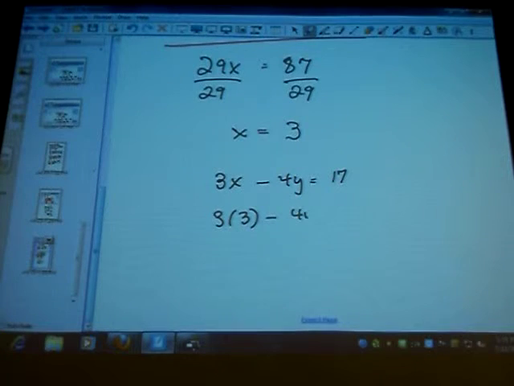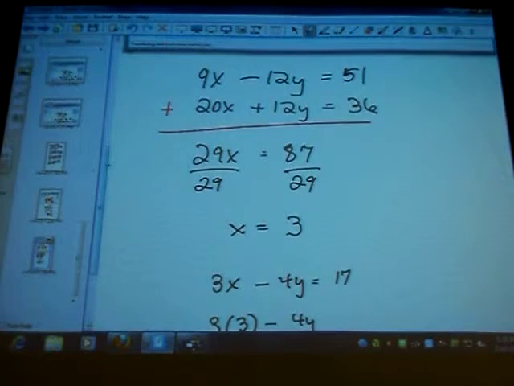What did you say? 51 plus 36 is 87. Oh, okay, I added my right-hand side.